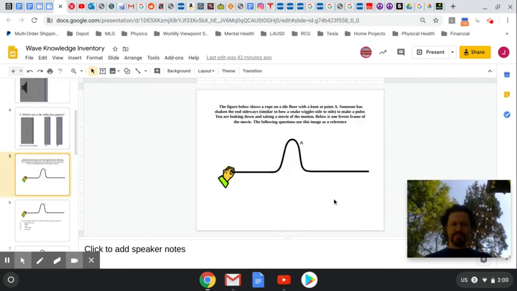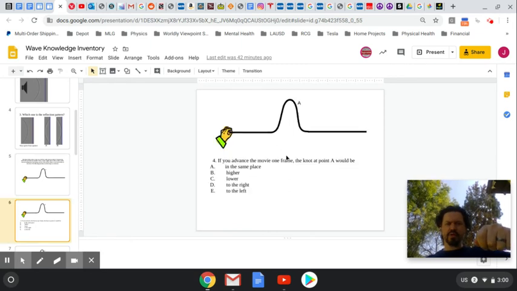For these, you've got somebody taking a rope and going like this. Whipping their hand, right? Up, down. You've probably done this with a hose or a rope or something before. And so we want to know, where does position A go? So if you whip your hand, this wave pulse is traveling along, right?